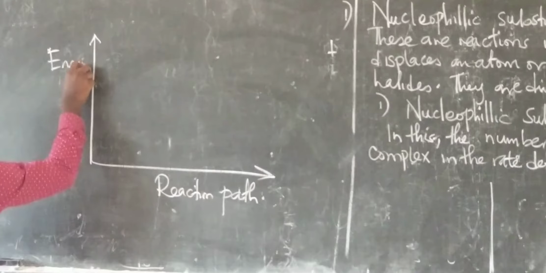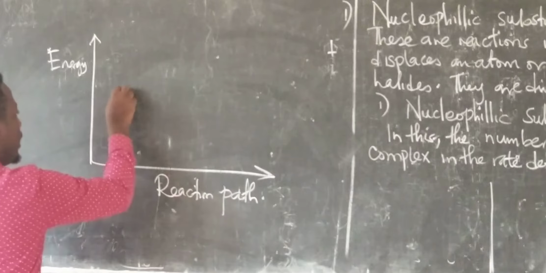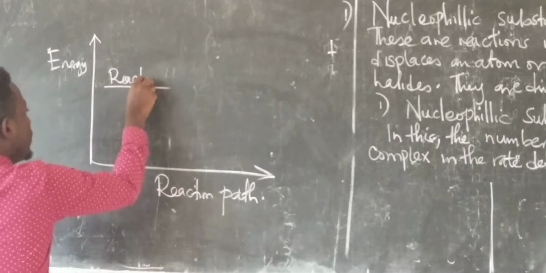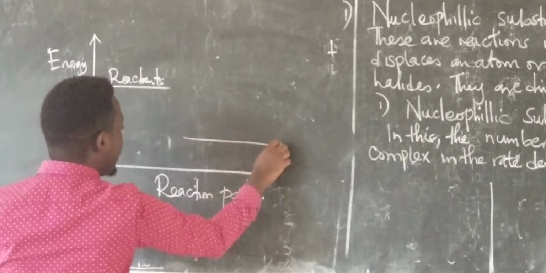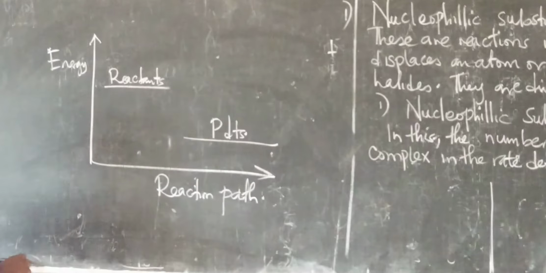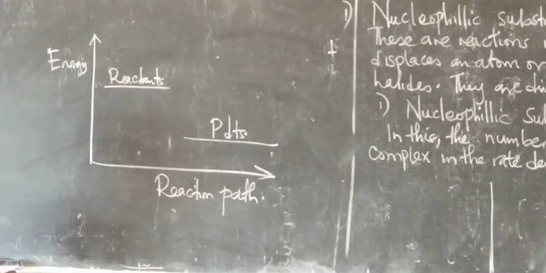It might be potential energy. We expect the reactants to be at maybe this energy level, and then the products to be at this energy level.